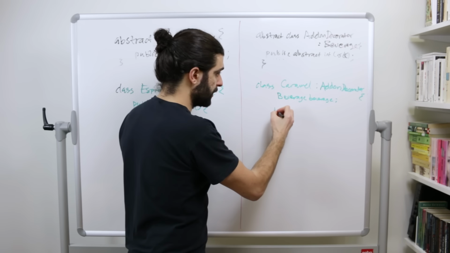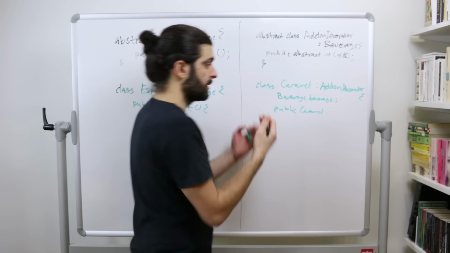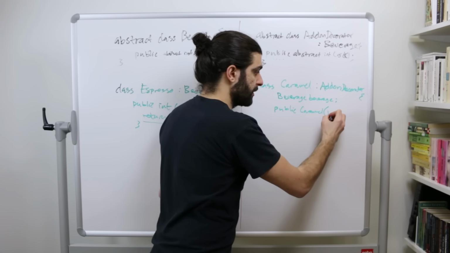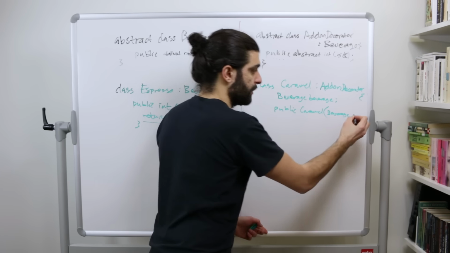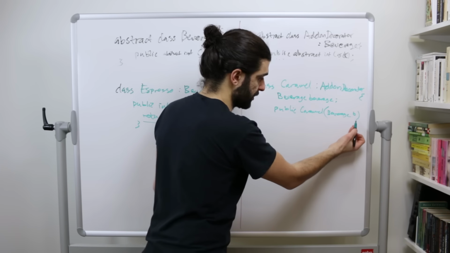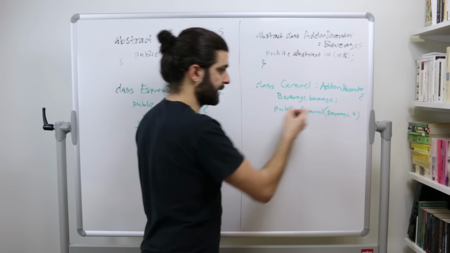So for the constructor, public caramel, we take an argument which is of type beverage, let me just call it B, so that we can differentiate between the beverage that's passed in through the constructor and the beverage that exists as an instance variable.